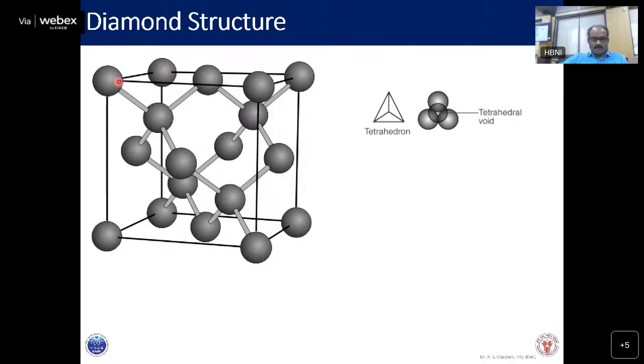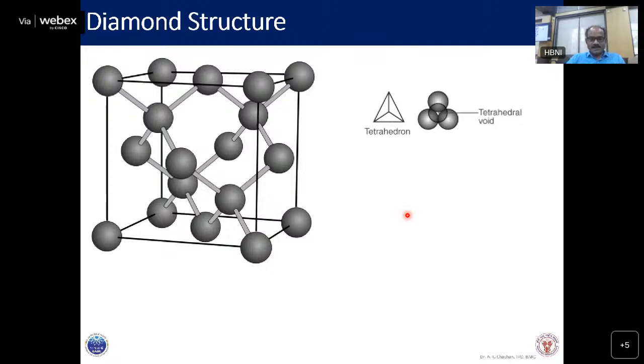This is a diamond structure where the carbon atoms are available at 8 corners, and then at the 6 faces, 1, 2, 3, 4, 5, and 6. And then there are some extra atoms. These extra atoms are here: one is this, then another is this, then one is this, and then there is this one. So you have actually a face centered cubic, and then some extra atoms inside that.